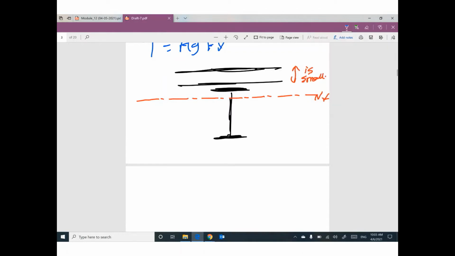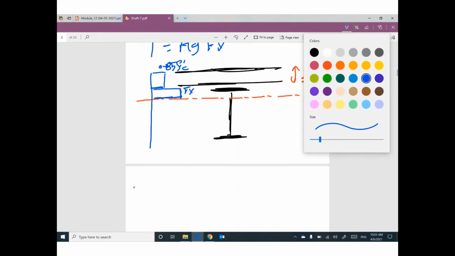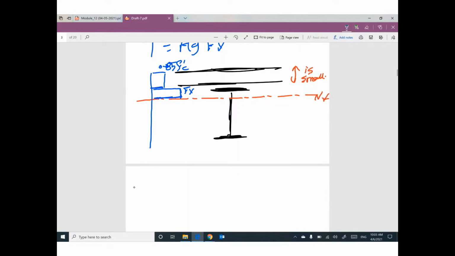Because this part, concrete, will be under compression, and this part of steel will be under compression by Fy, and this 0.85 f'c. So we have two parts under compression, concrete and steel, and the remaining part of the steel beam will be under tension.